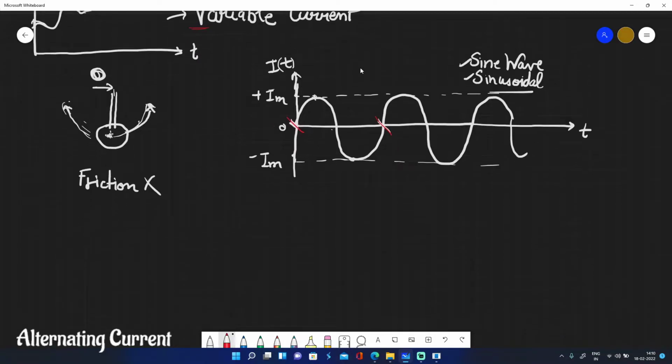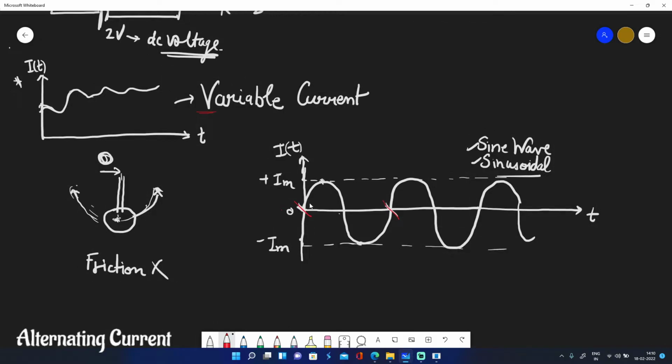But here, observe the conditions. First, in this the current is also reversing its direction. From 0 to here it is positive, after this point it becomes negative, then positive, then negative, and so on. But in the earlier case, the current is not moving in the opposite direction. It is just in the positive direction.